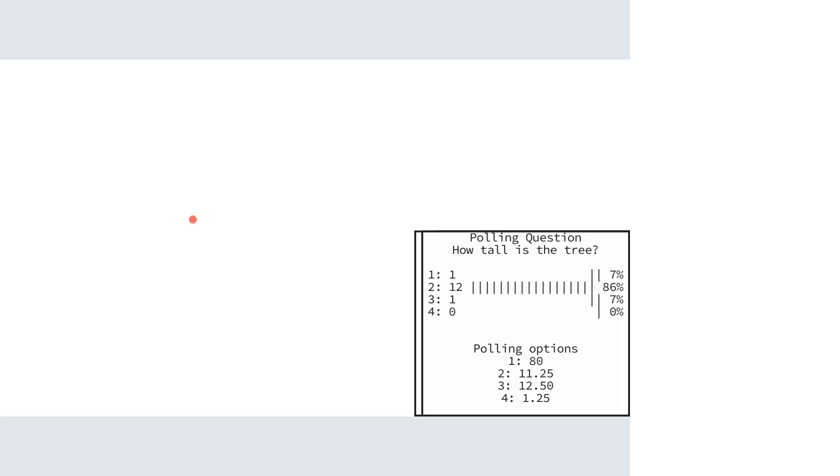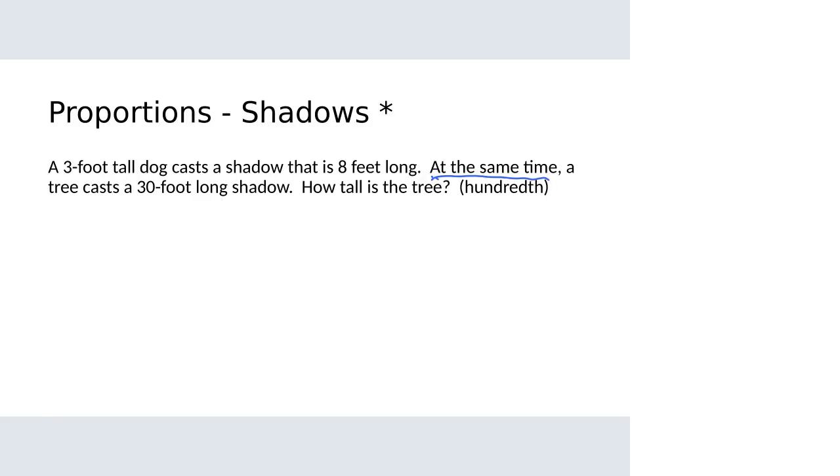Not unanimous, but close. Definitely strong agreement. That's a good thing. If you don't see where your mistake might have been when we go through this, don't hesitate to ask.